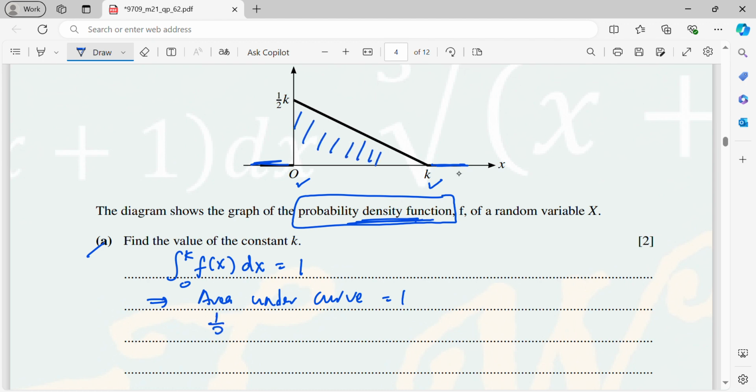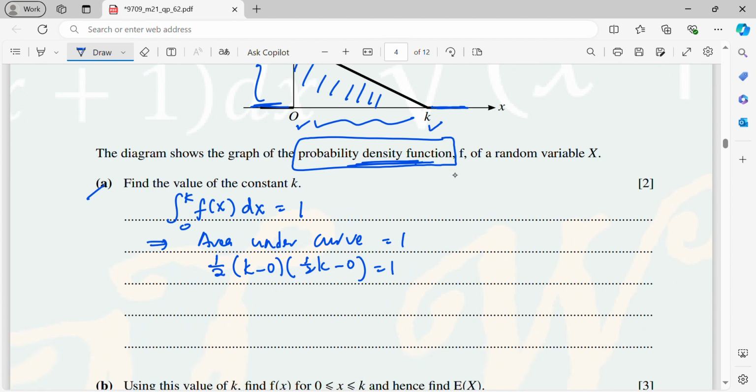The area of a triangle is half times base times height. The base is the k value, and the height is half k. From here I get half k times half k equals 1.